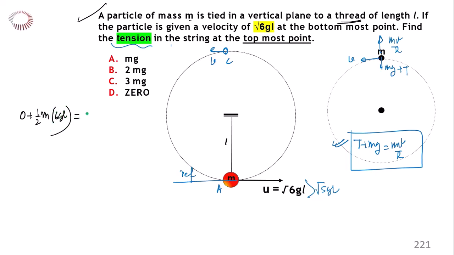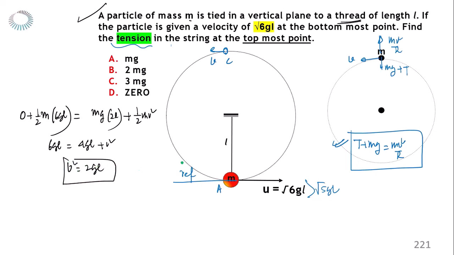That should be equal to potential energy at point C, equals mg into 2r, meaning 2l, plus half mv square. So again cancel m, multiply both sides by 2. So I am getting 6gl equals 4gl plus v square. So v square equals how much? 2gl.